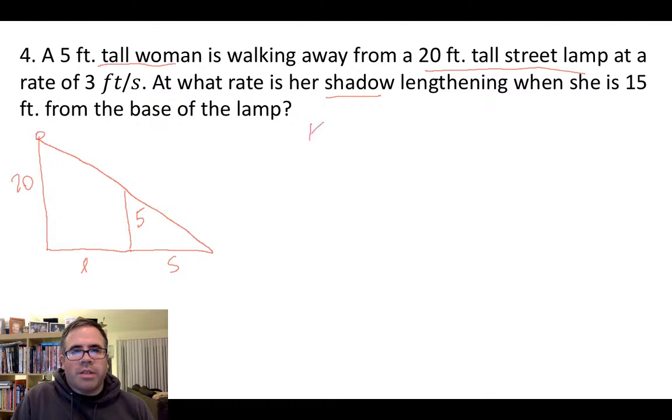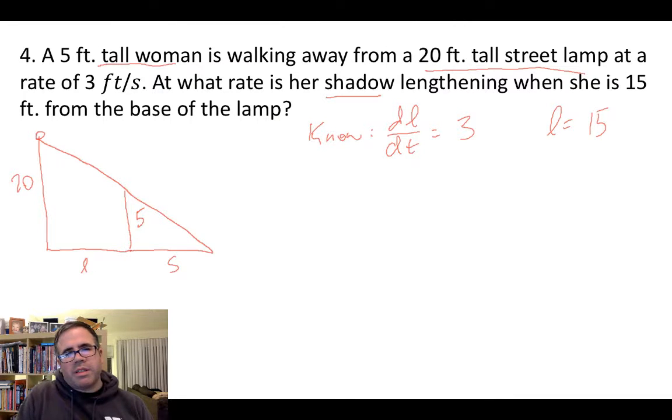We know, of course, that dl/dt is equal to 3. We also know that L at this point is equal to 15. And so let's see what else we know. We need some kind of relationship between S and L before we can actually do this.